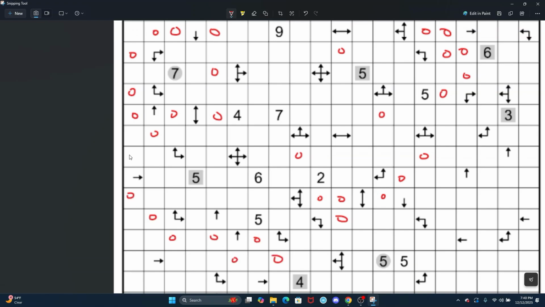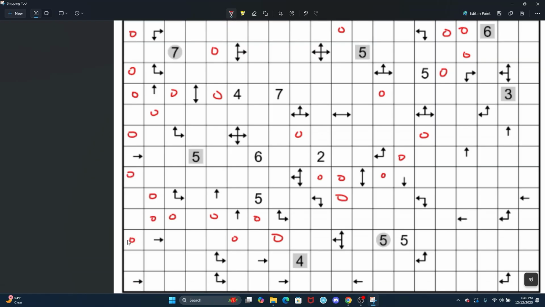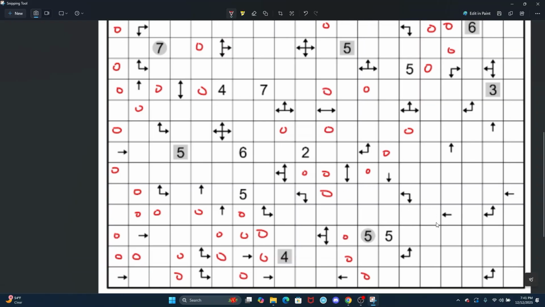And I guess we're also given that cells with a number are part of the final grid, so they should all be green. And so I'll go ahead after this to mark all of those green as well.